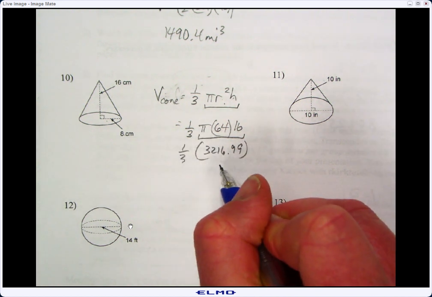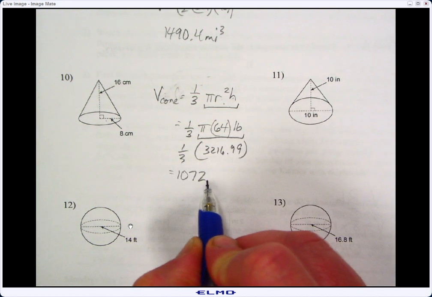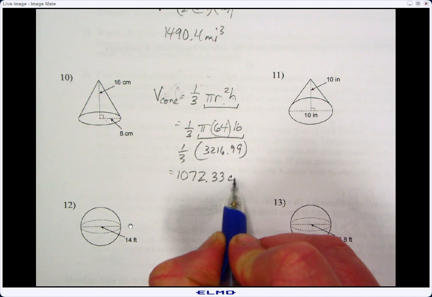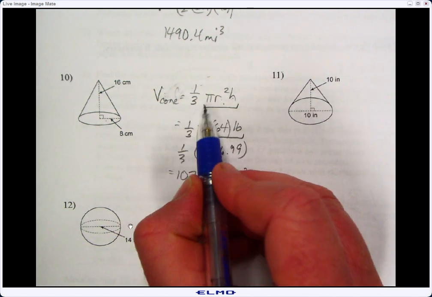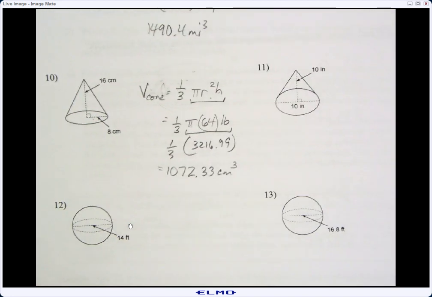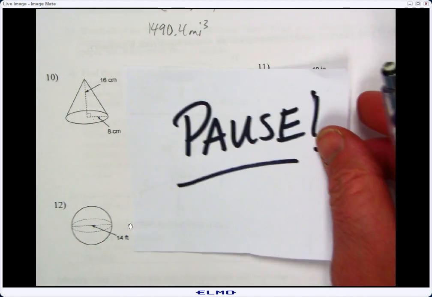But if it's a cone, you divide that by 3, you get 1,072. So it's always 1/3 of, and you can add that to your formula sheet, but I think it's helpful to notice that. Pause.